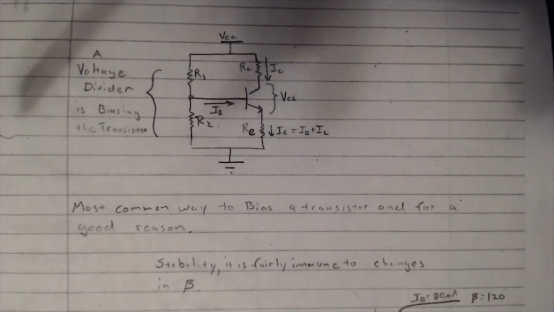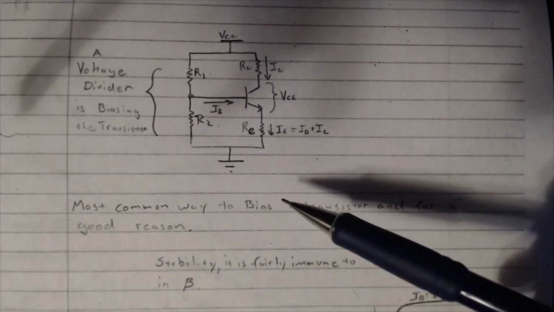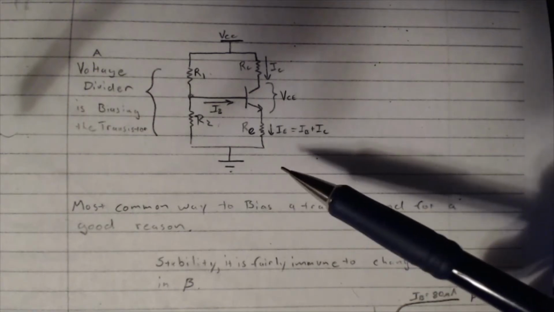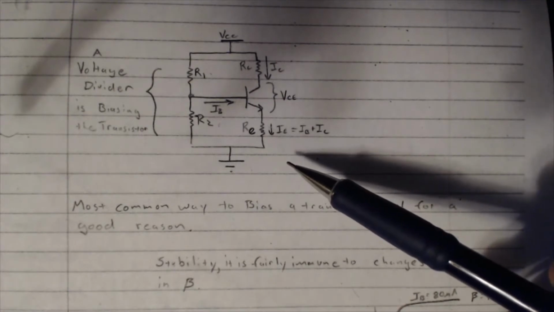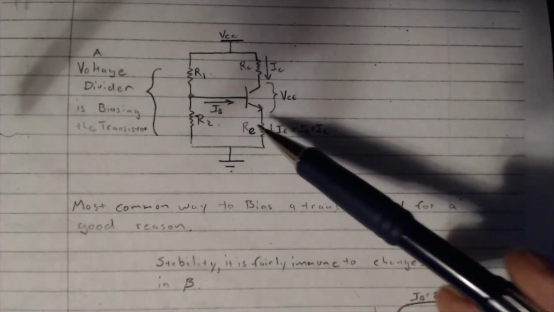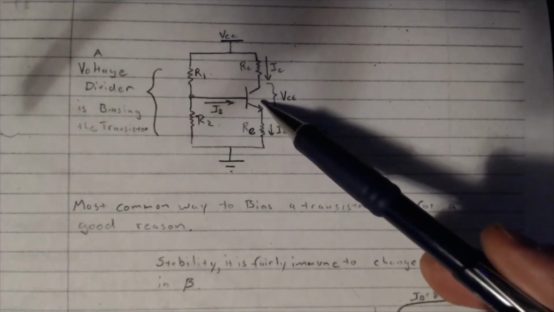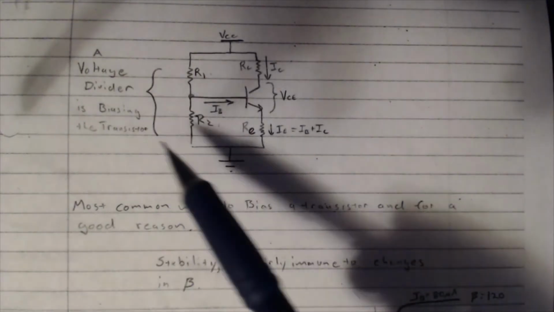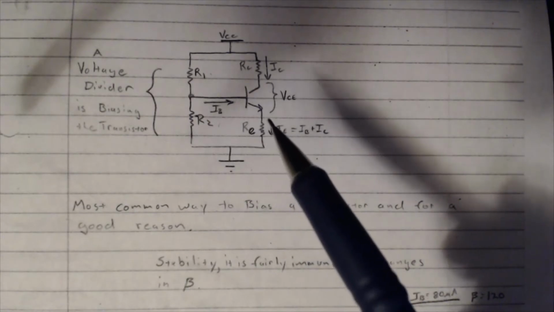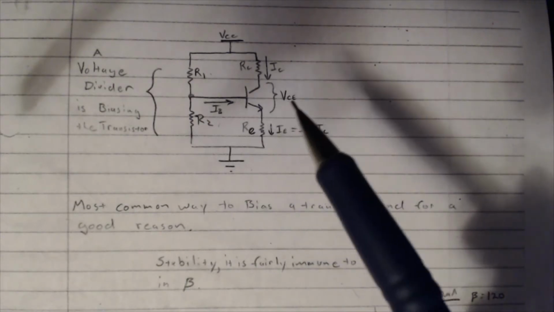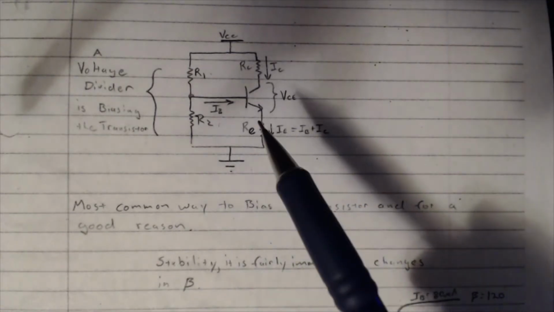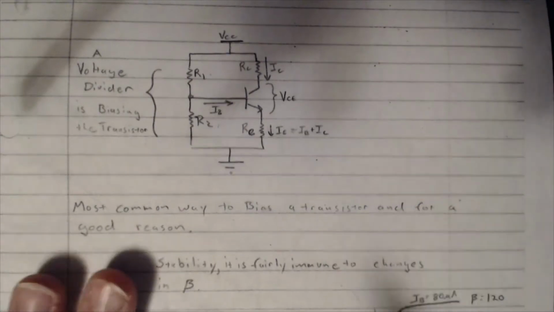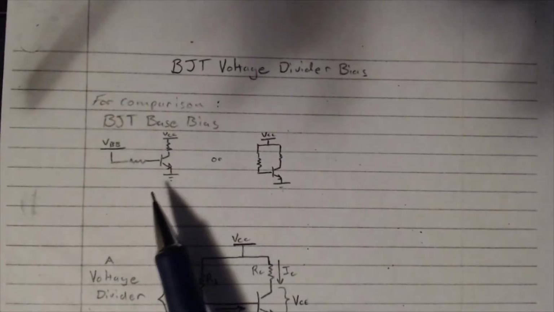So the whole reason for using this circuit is because we can actually cancel out some of these effects of a changing beta. I do have an example where I will show that, where when we change beta for a given transistor and we keep all the components the same, you'll actually end up getting similar values. So this is fairly tolerant to changes in beta. It's not perfect, but it's a lot better than the base bias version.